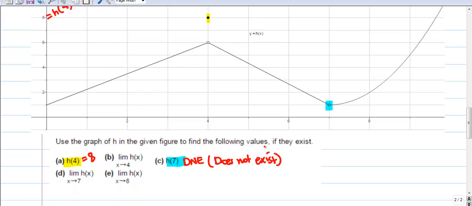All right, now we have some following limits. It wants the limit as x approaches 4. Well, that would indicate from both directions. So as I approach 4 from this direction, the graph is approaching the y value of 6, right?